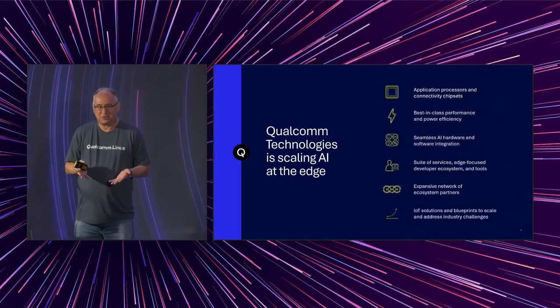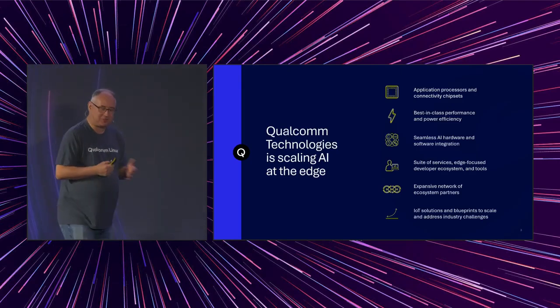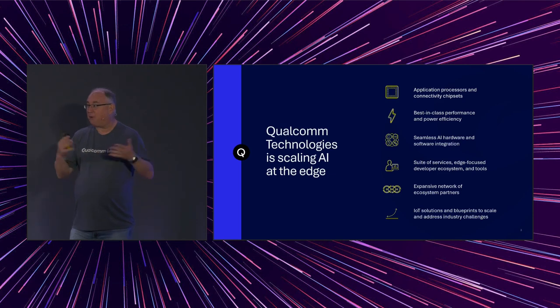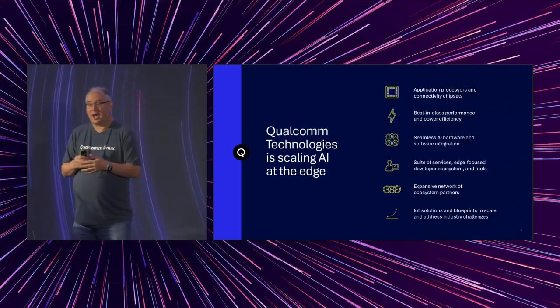So I assume most of you have heard about Qualcomm. Qualcomm is a company that is in transition. We went from being obviously a powerhouse in the handset market to now expanding into lots of other verticals: auto, XR, you obviously have seen the PC, the Windows on ARM efforts, IoT.